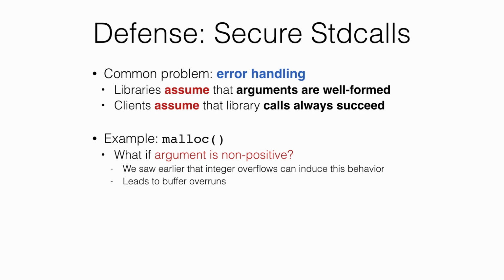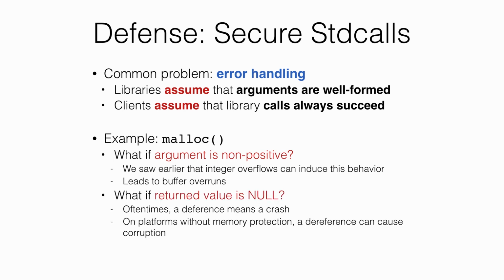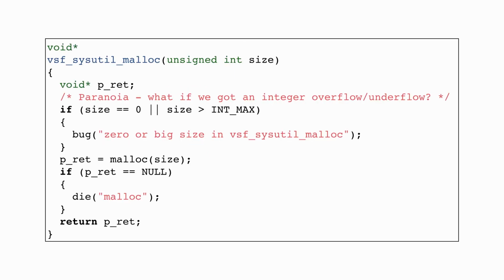We saw earlier that integer overflows can induce this behavior and lead to buffer overruns if malloc accepts, say, a 0 for its argument. Another question is, what if malloc returns null? Oftentimes, a dereference of null will cause a crash, which is safe, but on platforms without memory protection, a dereference can cause corruption and create security problems.